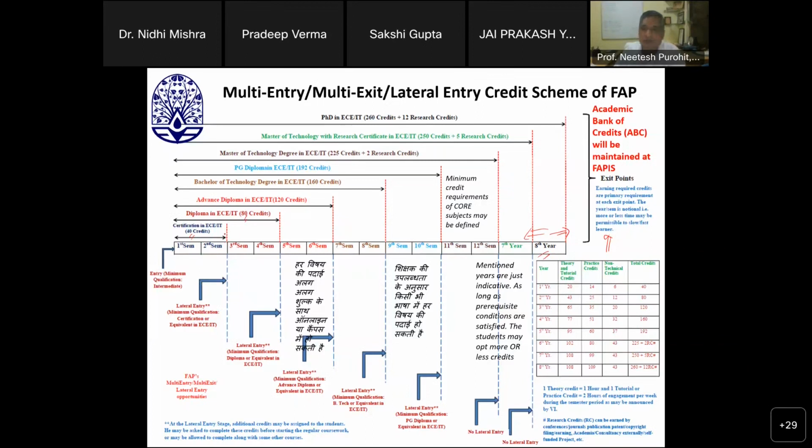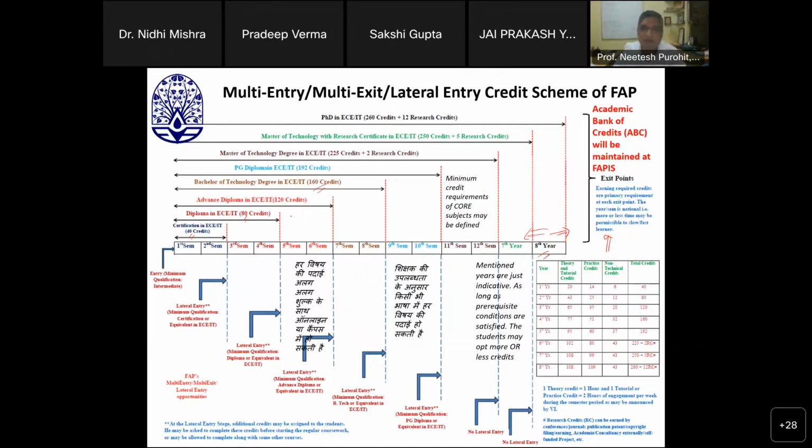So in terms of certification, the proposition is like this. A 160 credit requirement is there for earning the Bachelor of Technology degree, which is also there as per the standard program. In the standard non-FAP program as well, 160 credits is the requirement for earning the BTech degree.